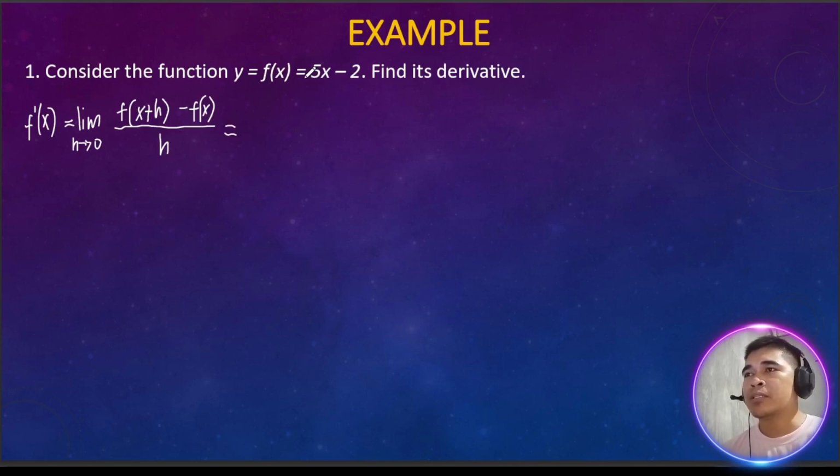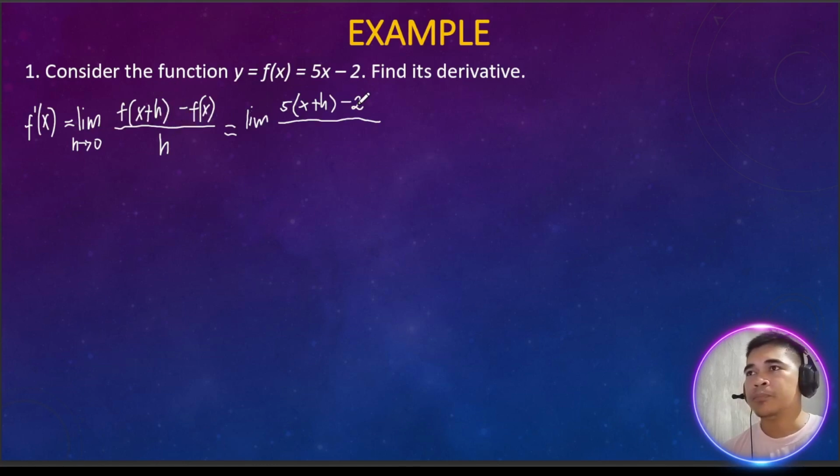Our f of x is equal to 5x minus 2. So here, just copy limit, and then copy 5. Tapos ang x, pulihan mo x plus h. Tapos minus 2. Mao ni ang first part.